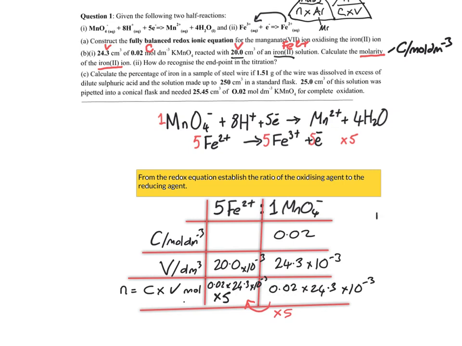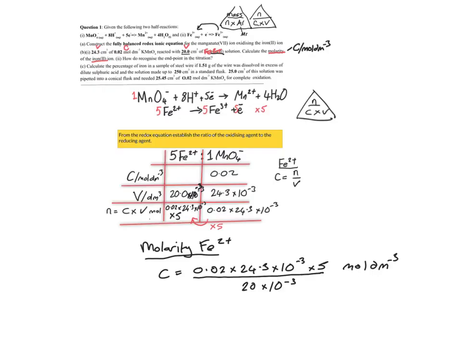The concentration or the molarity of the Fe2+, the concentration, remember, is number of moles divided by the volume. So before we go to our calculators, let's see if we can simplify this. We've got 10 to the minus 3 on the top, 10 to the minus 3 on the bottom, they will cancel out.